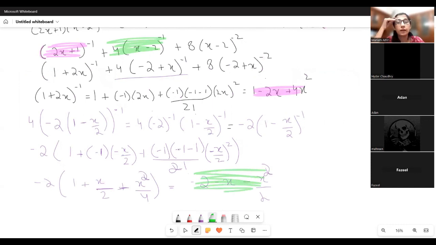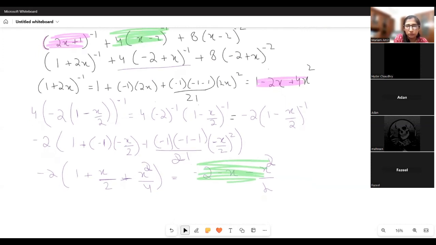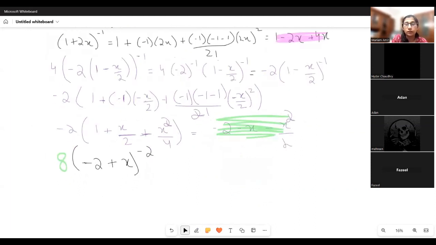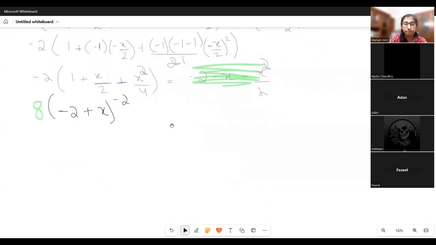Lastly, we have to expand 8 times x minus 2 power minus 2, which we did rearrange earlier to 8 times minus 2 plus x power minus 2. Okay, so we have to start by taking minus 2 common.